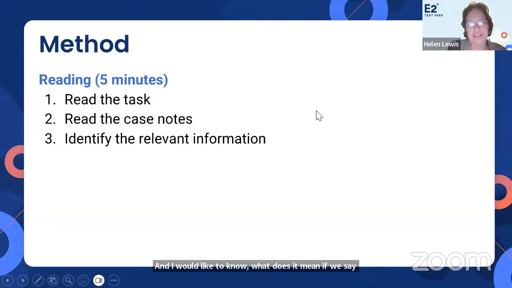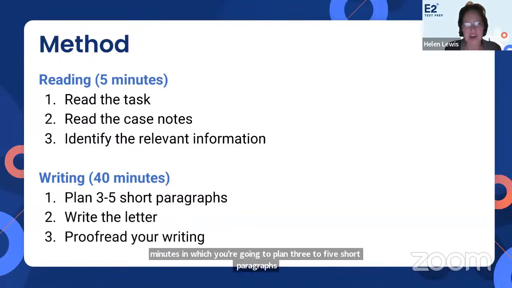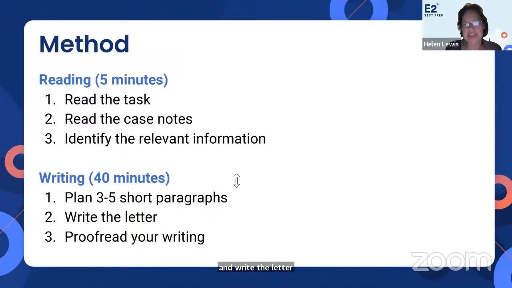I use this idea of asking you what is relevant quite a lot. Now, in the writing stage, you've got 40 minutes in which you're going to plan 3 to 5 short paragraphs and write the letter. And then most importantly, proofread your writing to make sure that everything is as clear as it can be.